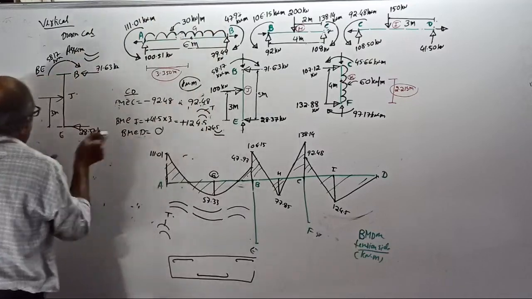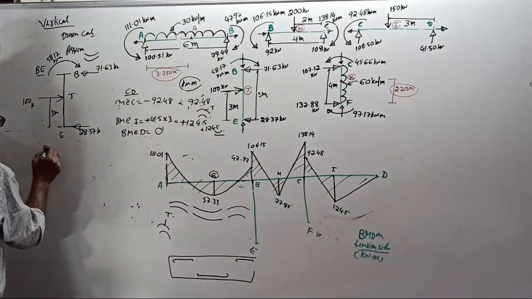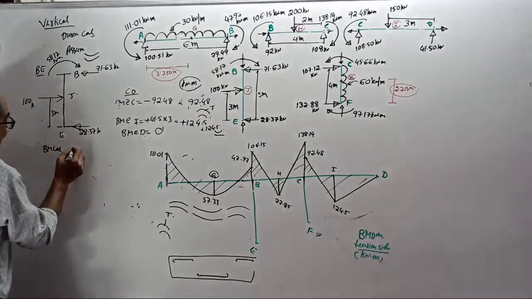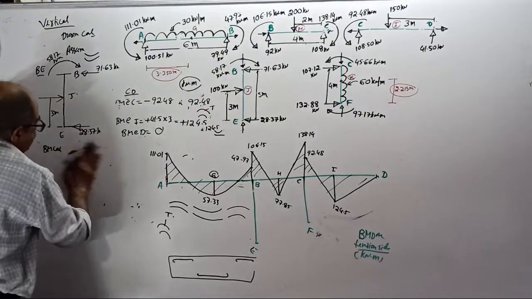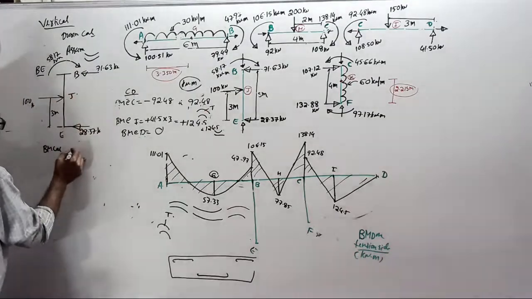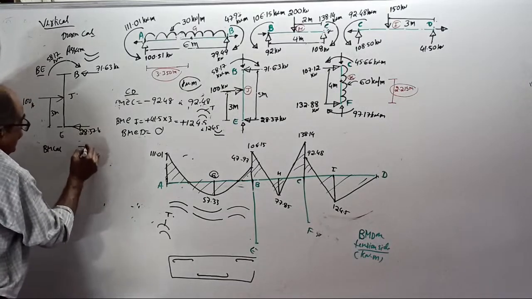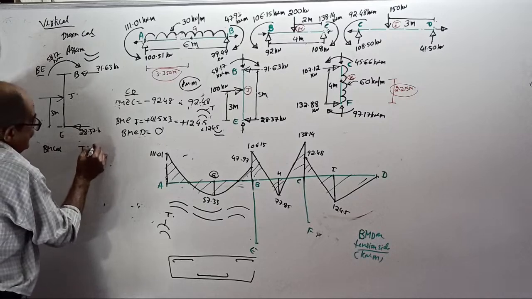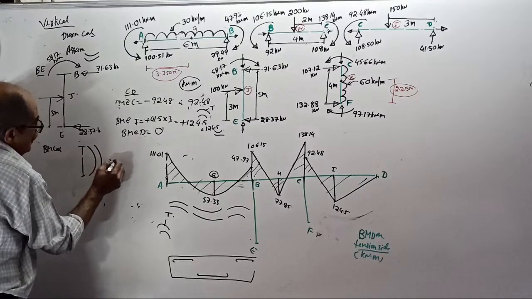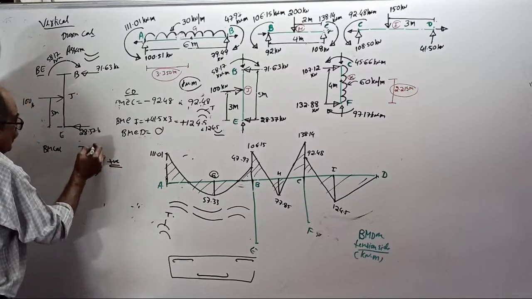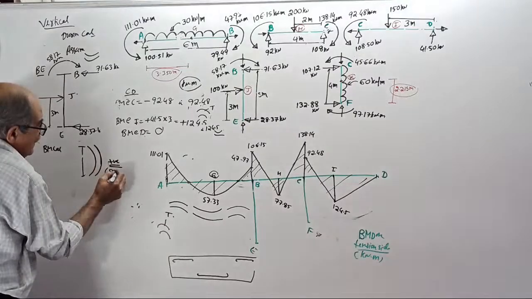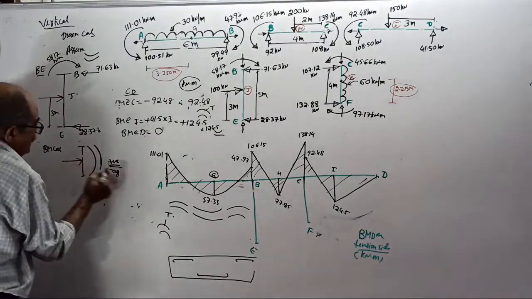Same way, for bending moment calculation, I will take bending inwards. This is the member here. I will take bending inwards as positive. Clear? Or I will call this sagging because the load is from this side.